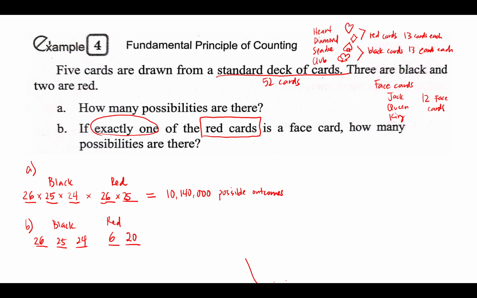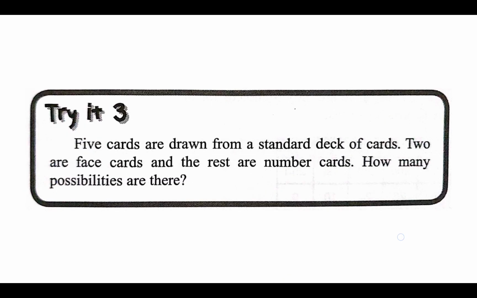So, according to the fundamental principle of counting, we just simply multiply and it gives us 1,872,000 possible outcomes, if exactly one of the red cards is a face card. Okay? So, see the difference? So, yes, that's it for example number 4.